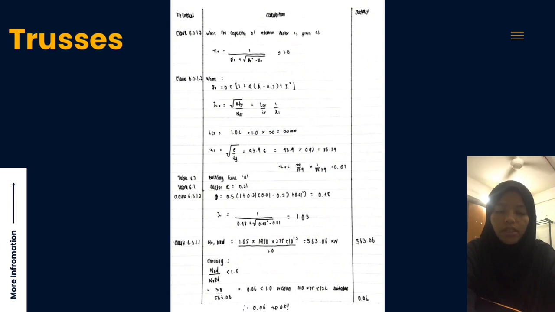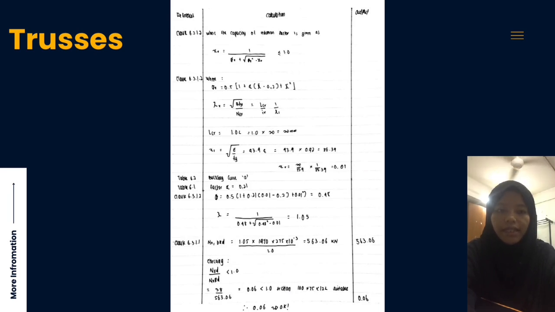So from clause 6.3.1, Nb,Rd equals 1.05 multiply 1970 multiply 275 multiply 10 to the power of negative 3 over 1.0. So we will get the answer is 563.06 kN.